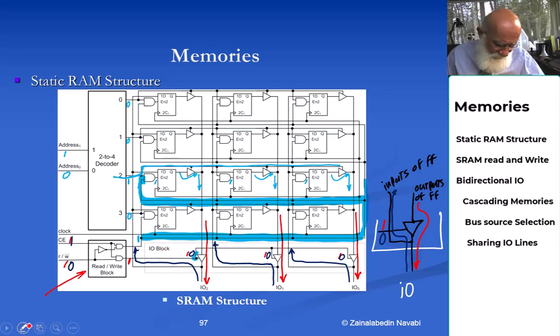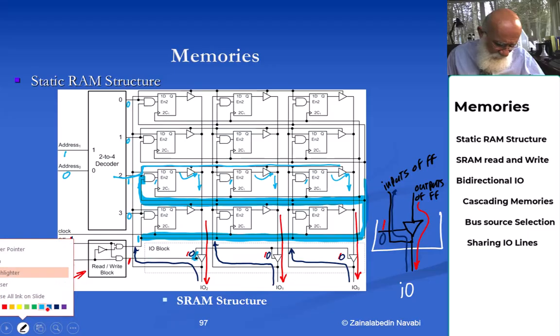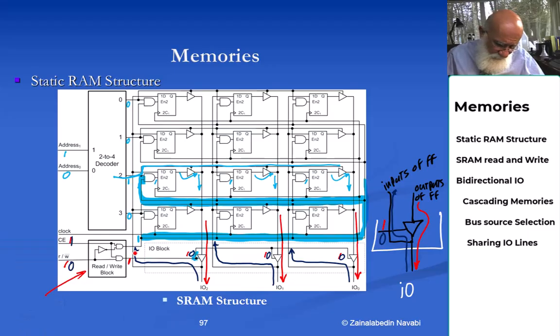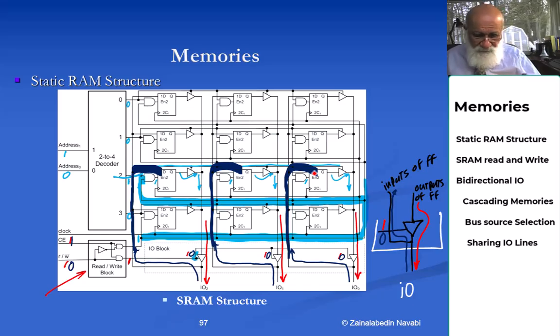Okay, so this is what's going to happen. I'm going to use this color, and therefore, this is going to be coming in through the D input. This is going to be coming in through this D input. This is going to be coming in through this D input.